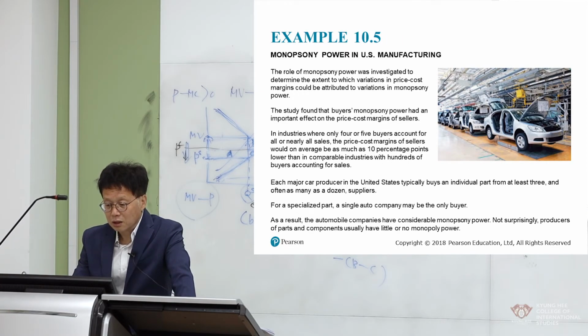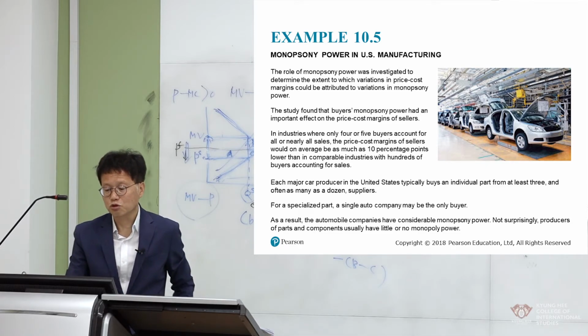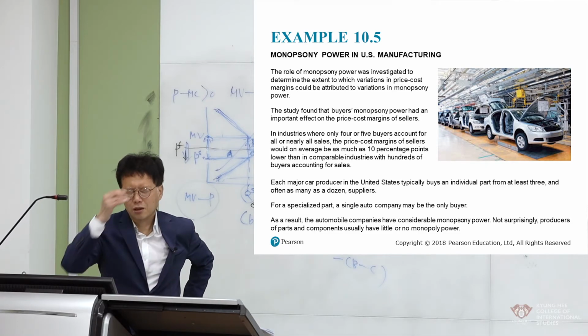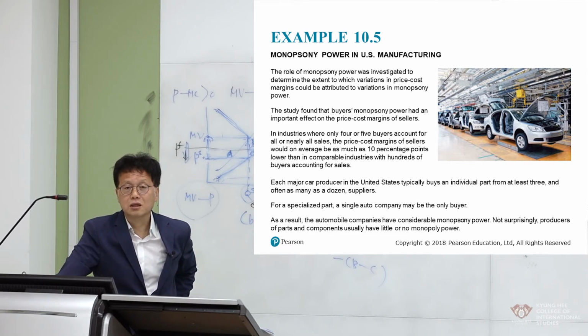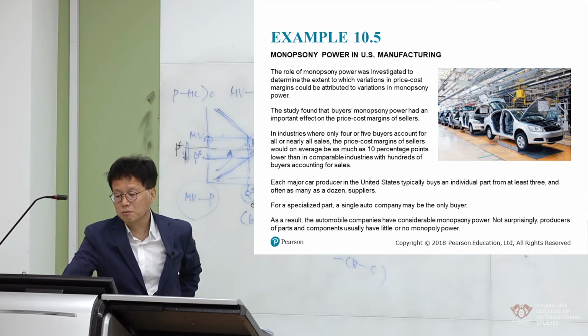Okay, an example of monopsony in U.S. manufacturing. So automakers, car makers, purchase lots of parts and components, electronic components, right? So automakers are in a monopsonist position when they purchase parts and components from small and medium-sized first vendors or second vendors, right?